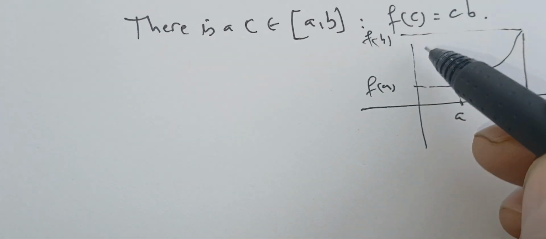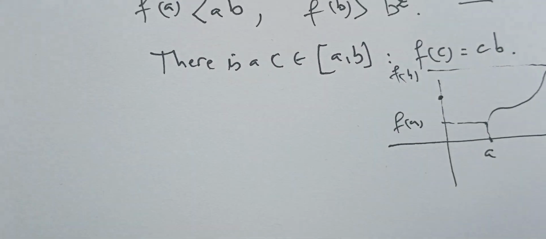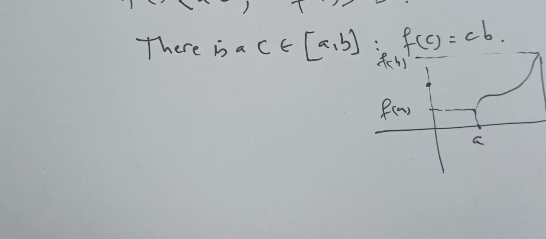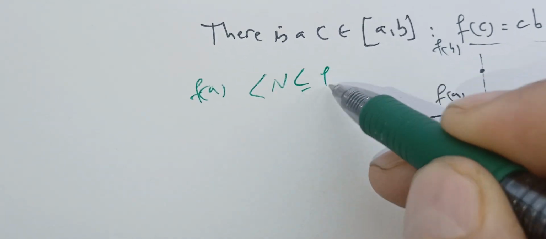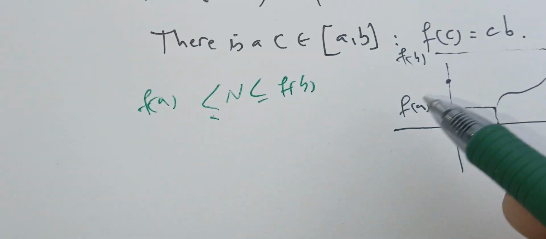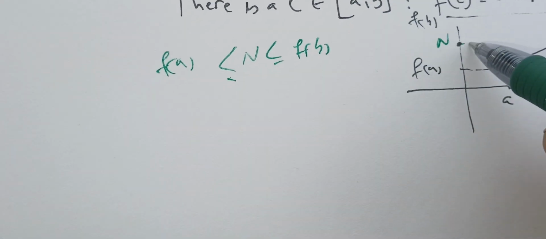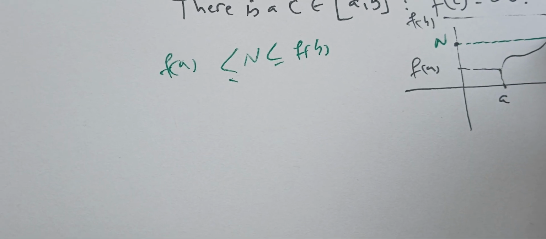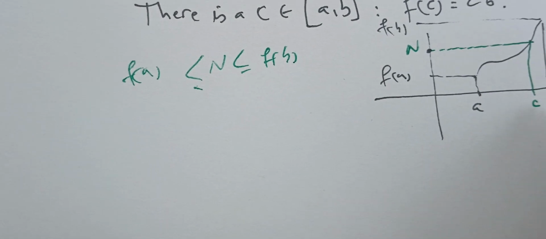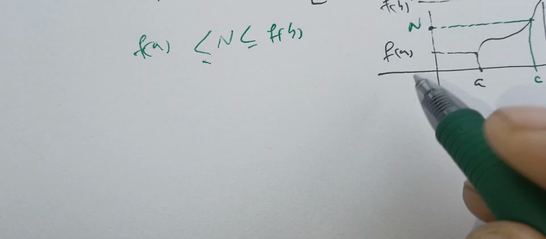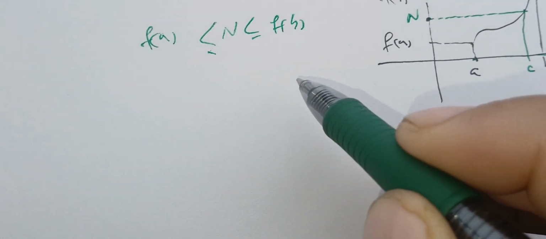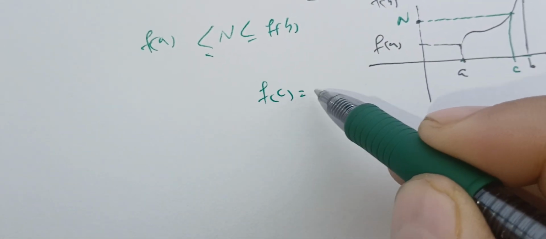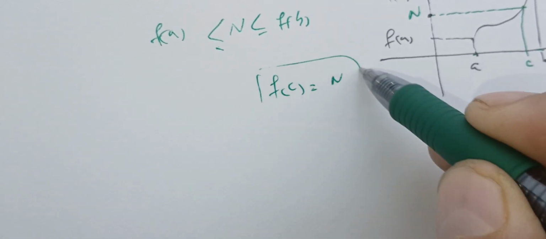If there is some n here, that means n is between f(a) and f(b). Look at n here. So there is some c here, c between a and b, there is some c in this interval such that f(c) is n.